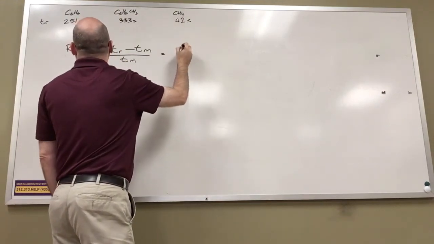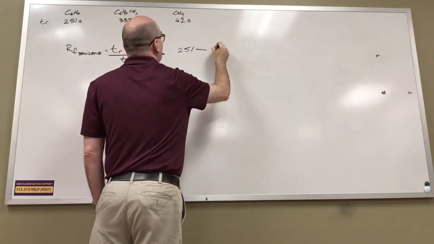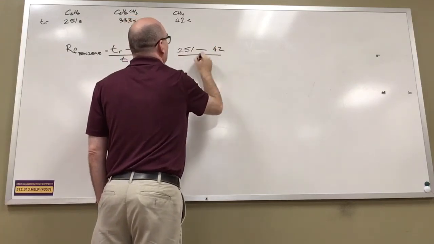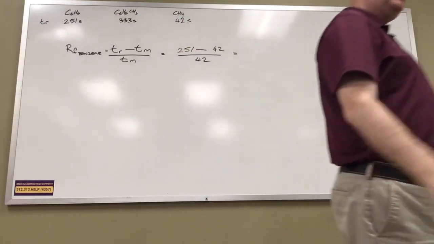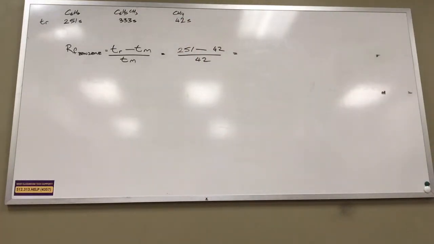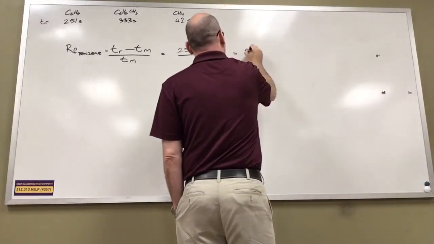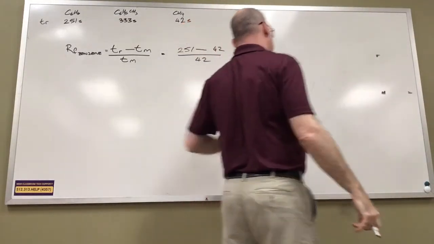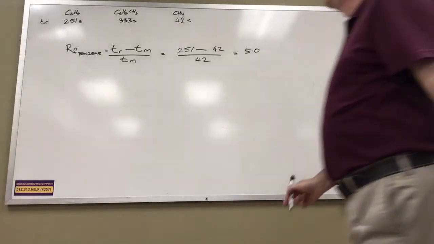Which is for benzene, 251 minus 42 over 42. Just gives you a number. The number's 5.0. Do it for the toluene.